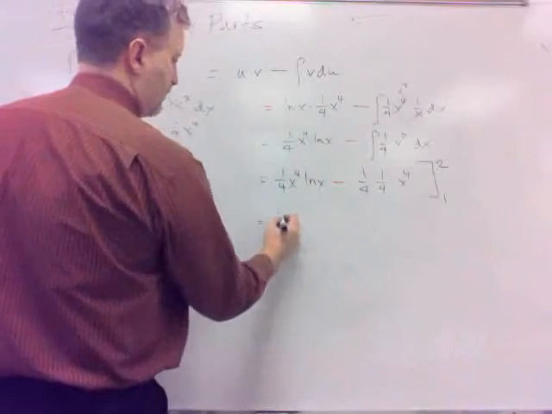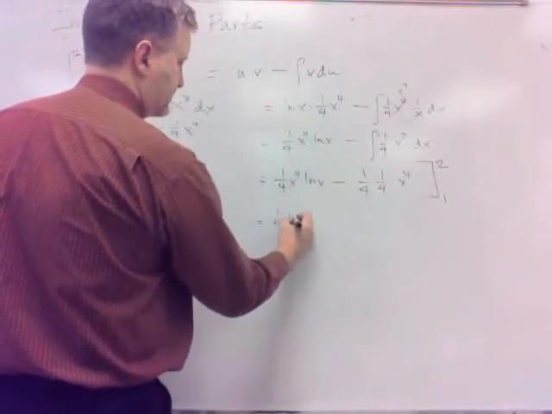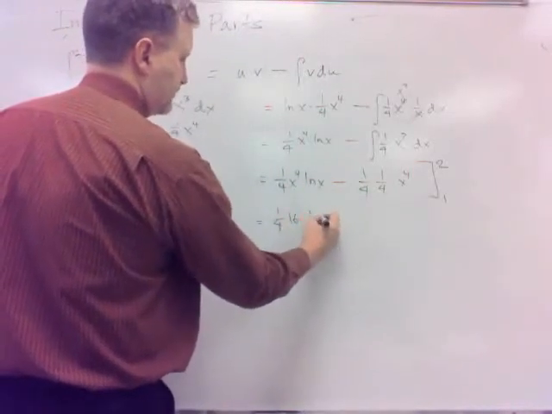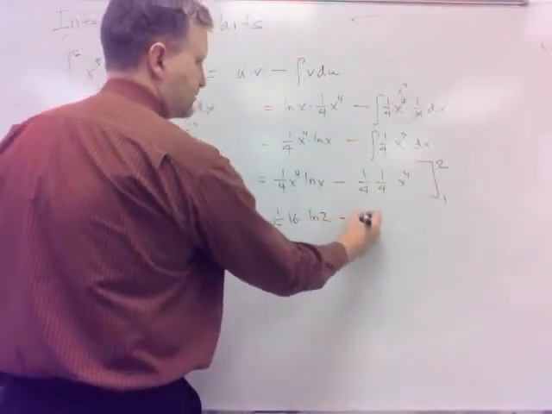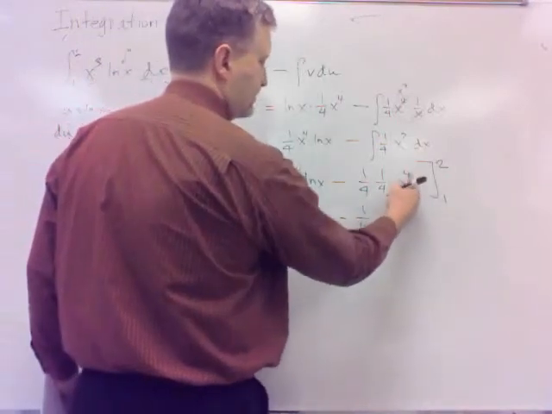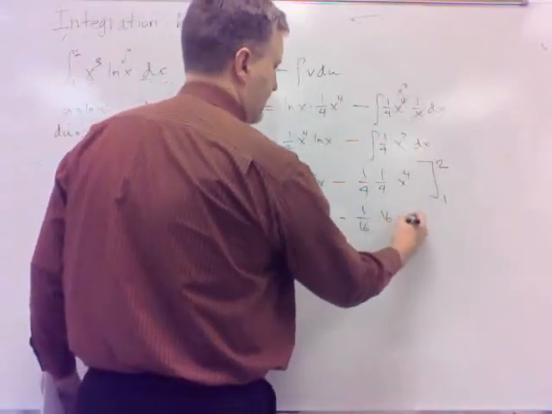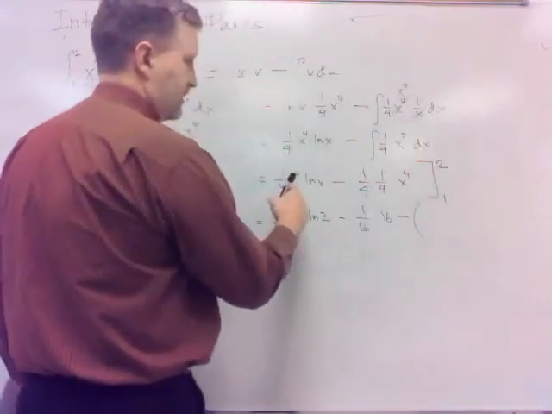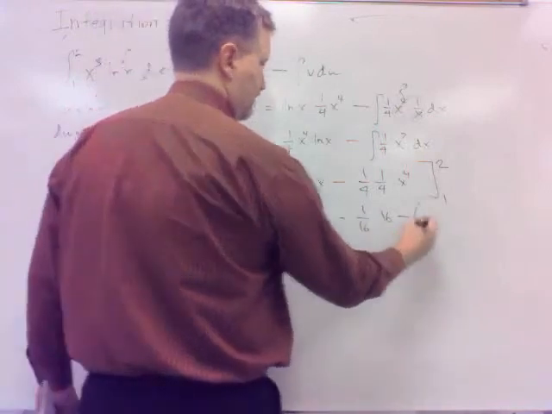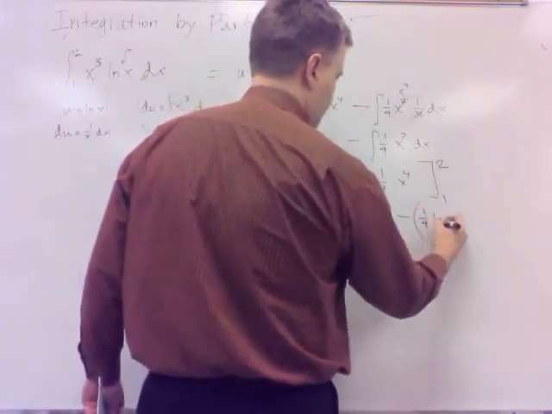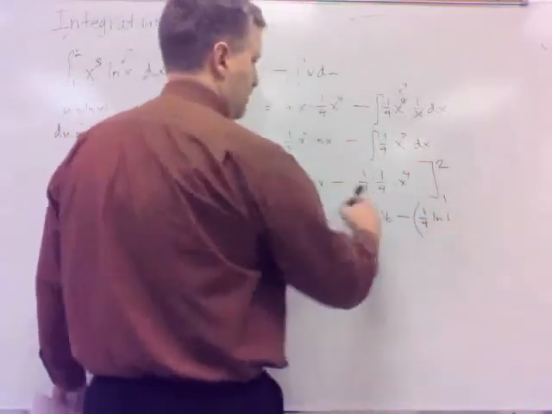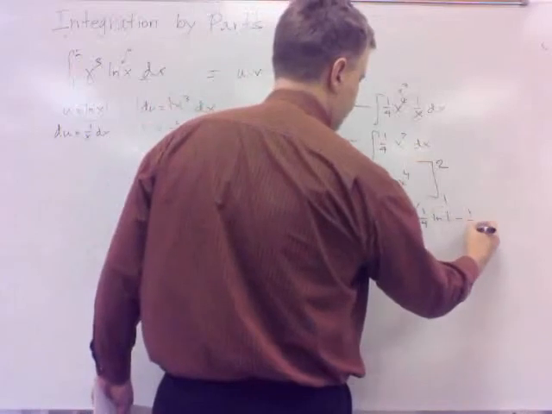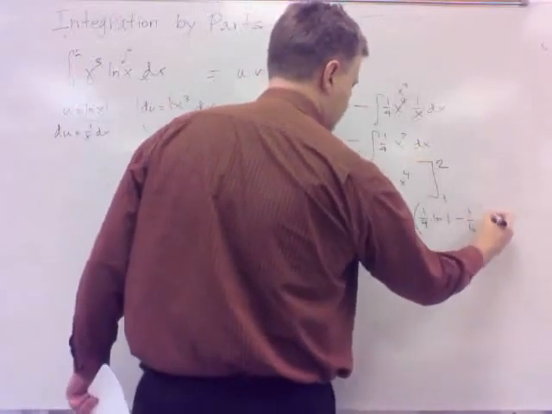So that would be 1/4, 2 to the 4th is 16, ln of 2, minus, this would be 1/16, 2 to the 4th is 16, minus, plug in 1, that would be 1/4 ln of 1, minus 1/16 times 1 to the 4th is 1/16.